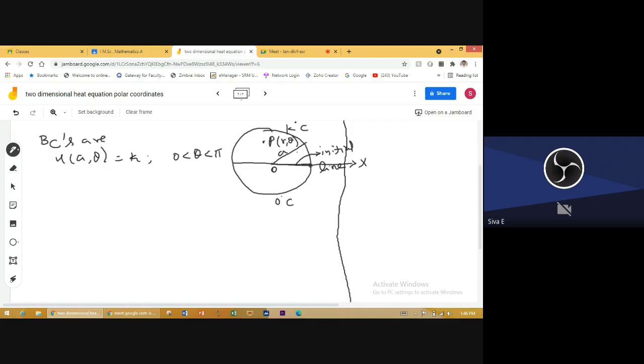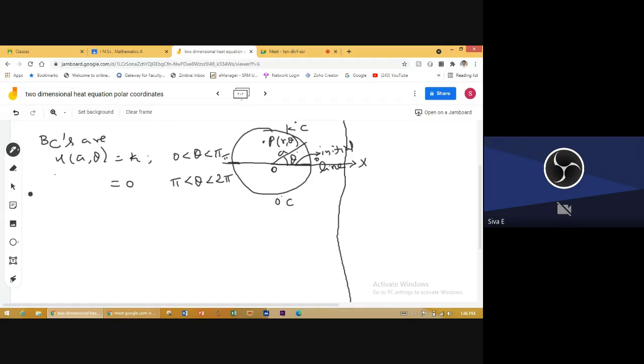So theta is from 0 to pi. So it starts from theta equal to 0 here, theta equal to pi here. Okay. One more is pi to 2 pi. So u of a comma theta equal to 0 if pi less than theta less than 2 pi.